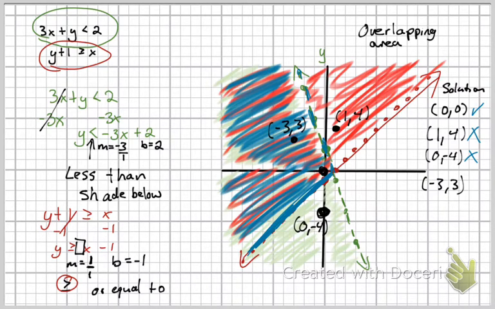That is in the blue section, so yes, this would be considered a solution. Are the only solutions to this system 0, 0, and negative 3, 3? Absolutely not. Any value in that overlapping area would be a solution.